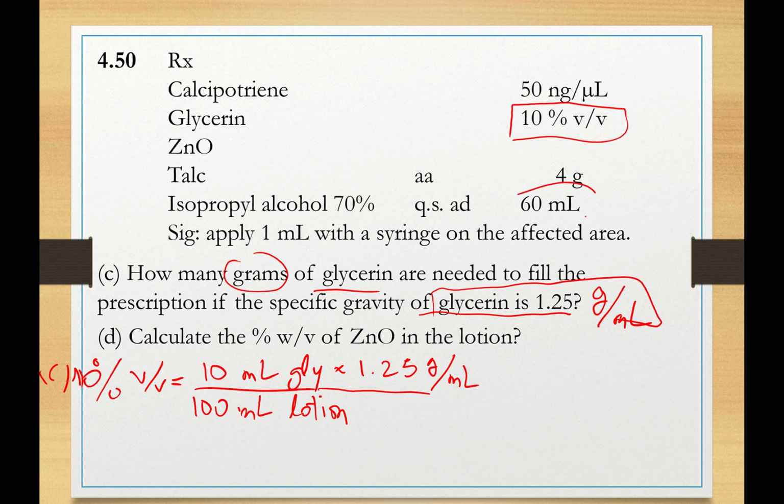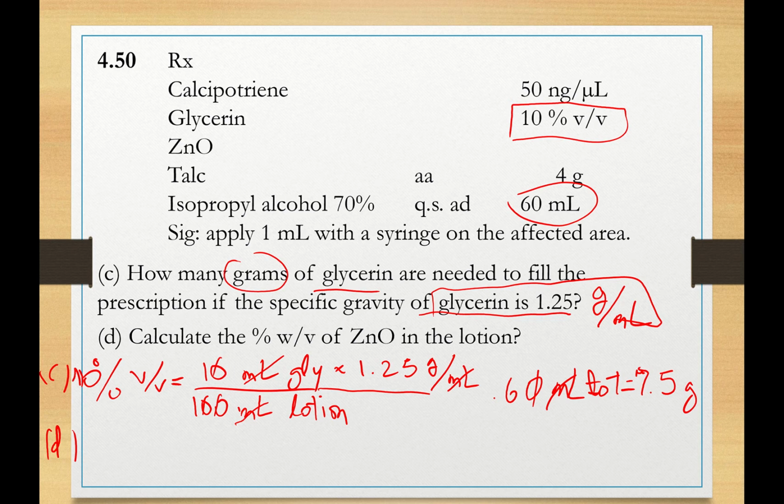And because I have 60 ml of total lotion, and I need to calculate the grams of glycerin in the lotion, I have to multiply by 60. So this is lotion here. So ml and ml cancel out, ml and ml cancel out. 0 and 0 and 0 and 0, so I have 6 times 1.25, and therefore I have 7.5 grams of glycerin. That's my answer for C.